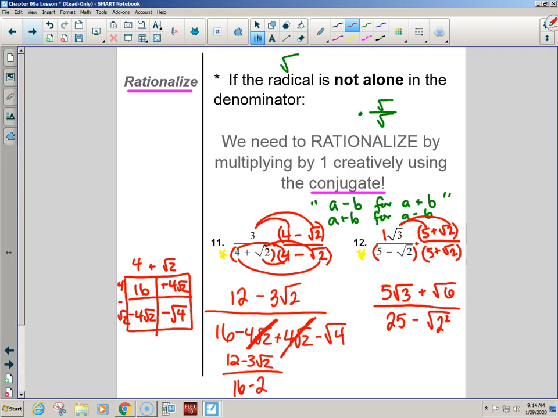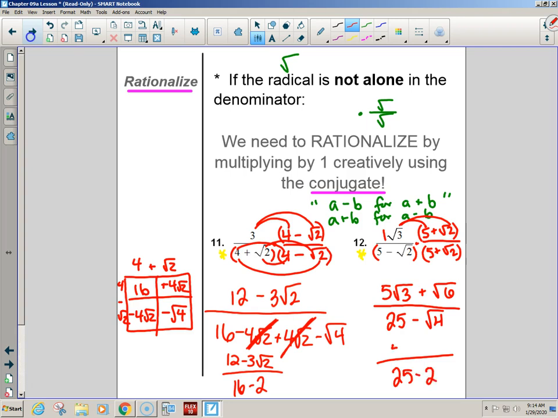So he was actually very proper in going all the way and saying 25 minus 2. But you could have also done 25 minus root 2 squared, which is the square root, and the square is going to cancel out. Or you could have done that square root of 4, which becomes 2. But yeah, that's what's going to happen if you do the table, Andrew, or if you do the arrows for foiling, because the outer and inner is going to cancel, like a squared minus b squared. And that's going to be a nice number in just a second.